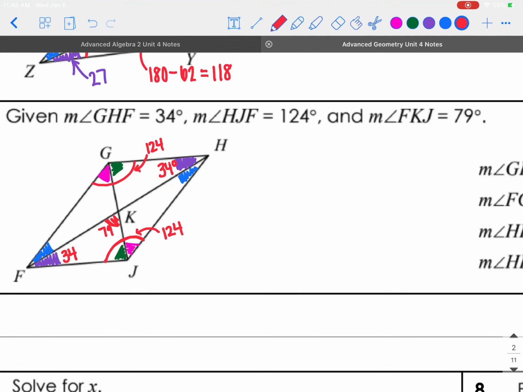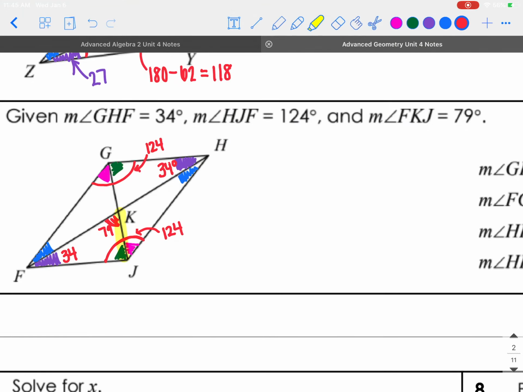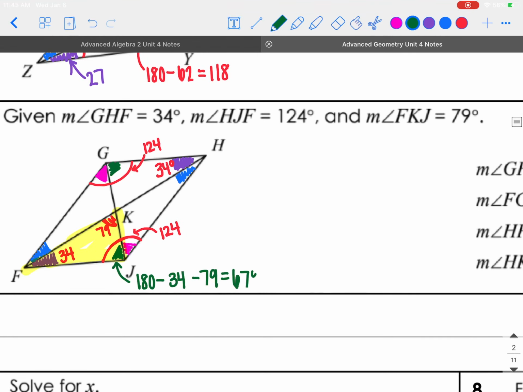All right, so let's see. We got something new. So I have a triangle here. You should remember how many degrees are in a triangle. It's 180. So if I take 180 minus 34 minus 79, I get 67.